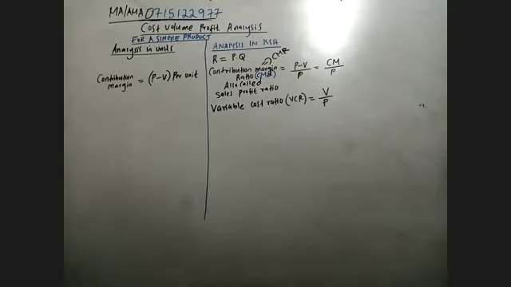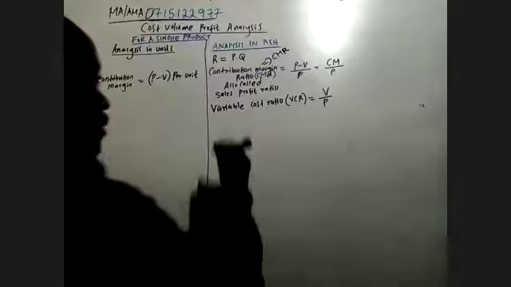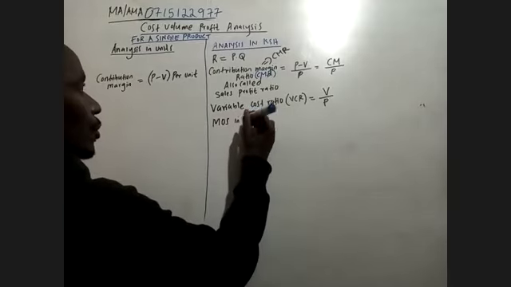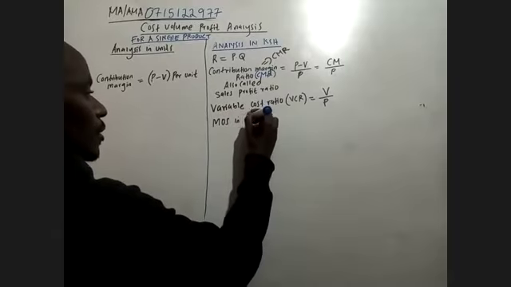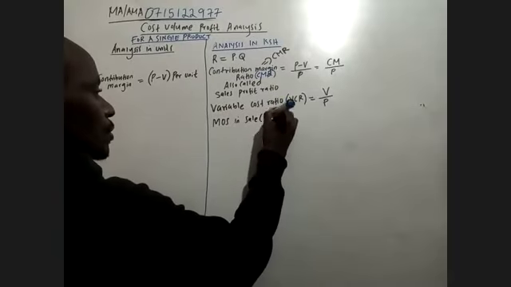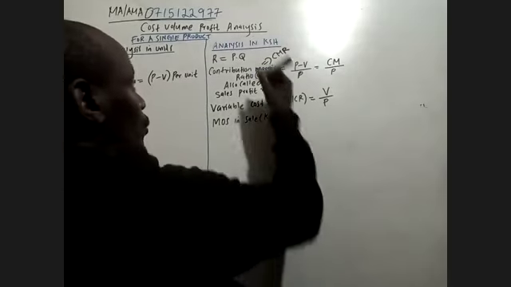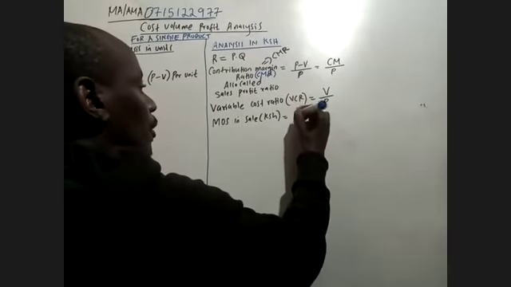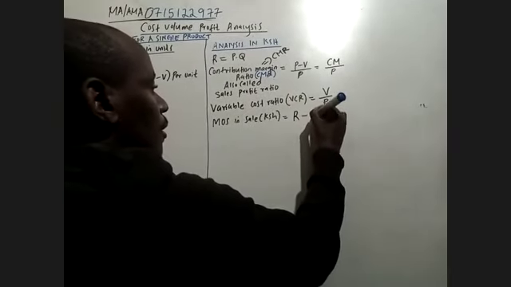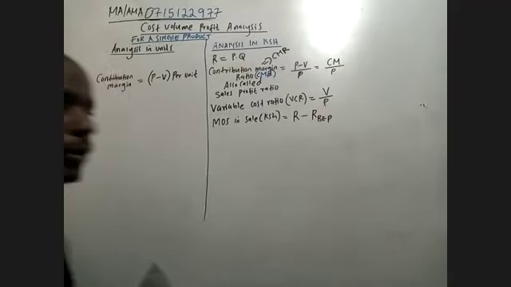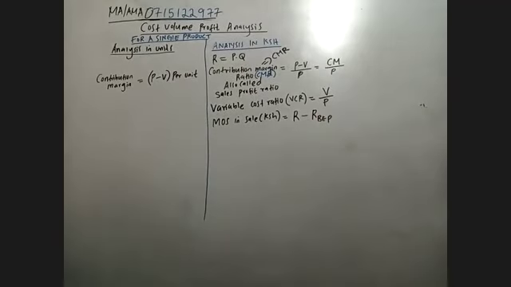Now, we can also talk about margin of safety. Margin of safety in sales, the bracket Kenya shillings. So margin of safety is equal to the revenue minus revenue BEP, break-even point.